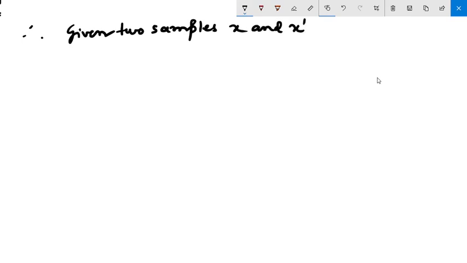So just now we are discussing what is hierarchical clustering, then we'll get into the dendrogram and agglomerative clustering. So let us try to understand. Given two samples x and x dash, at some level they will be grouped together in the same cluster.